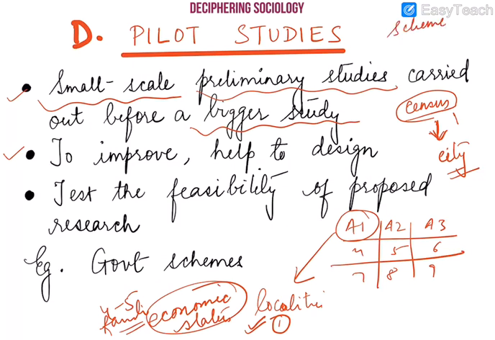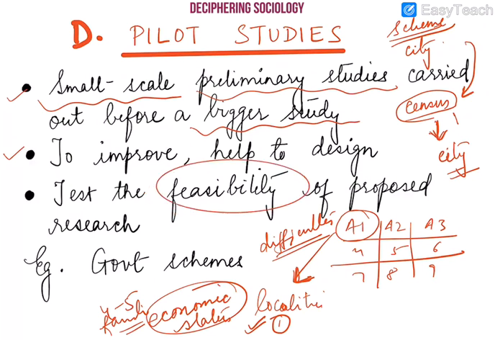If I have to design a scheme for the entire city, or I have to design a research for the entire city, then when I perform a research in that small area, I understand the difficulties that I am going to face. This is known as feasibility. Is it feasible?